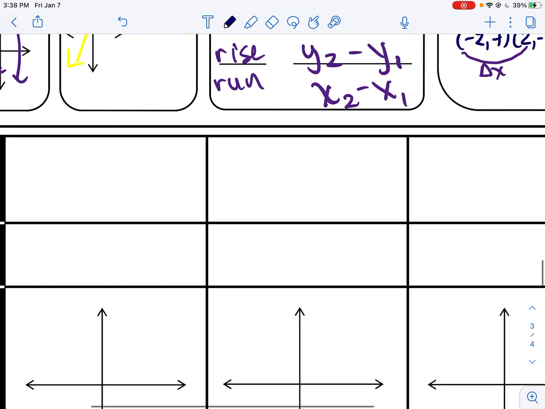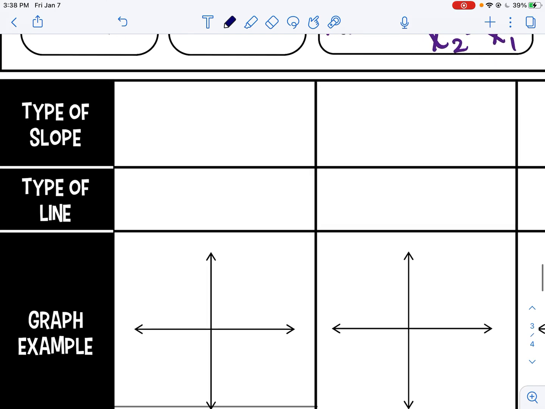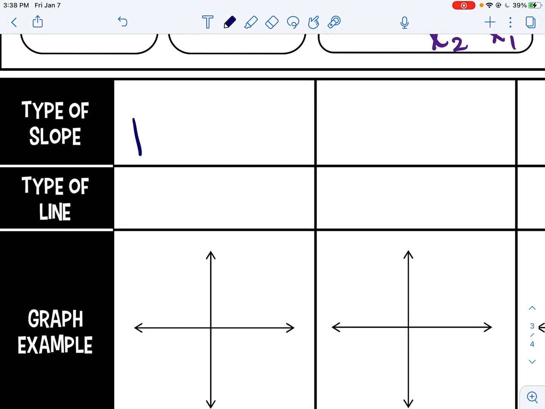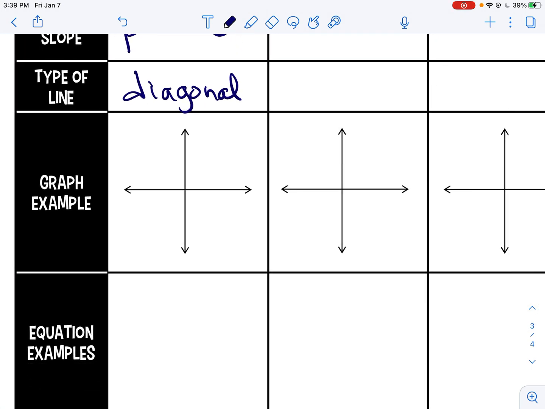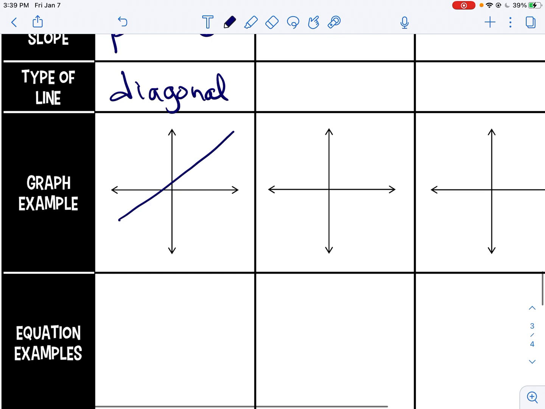Awesome. So now we're going to come down to this part right here. We have types of slope. First, a positive slope. If I have a positive slope, what kind of line is it? It's a diagonal line. It's going to go this direction. This equation is going to have an x and a y in it.